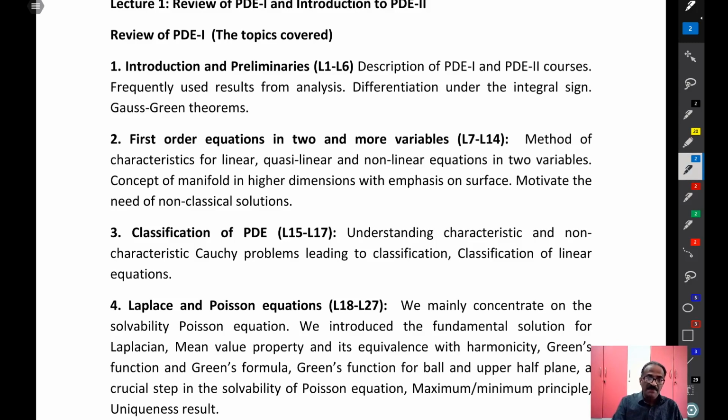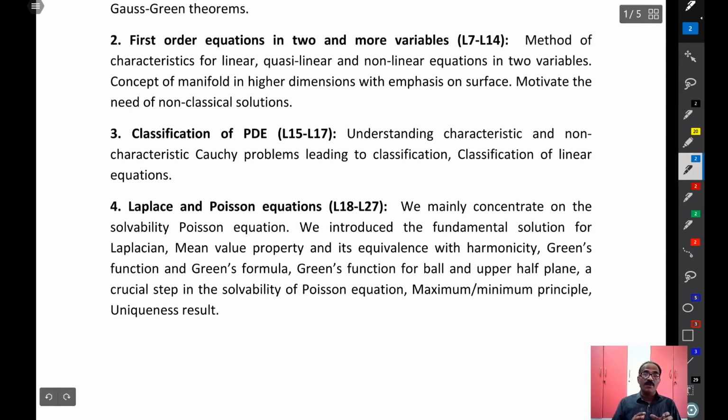Unlike ODE, where equations are basically classified into linear and nonlinear, that's not enough for PDEs. Using the characteristic and non-characteristic Cauchy problem led to various classifications like elliptic, hyperbolic, and parabolic. Even for linear equations, you will have this type of classification.